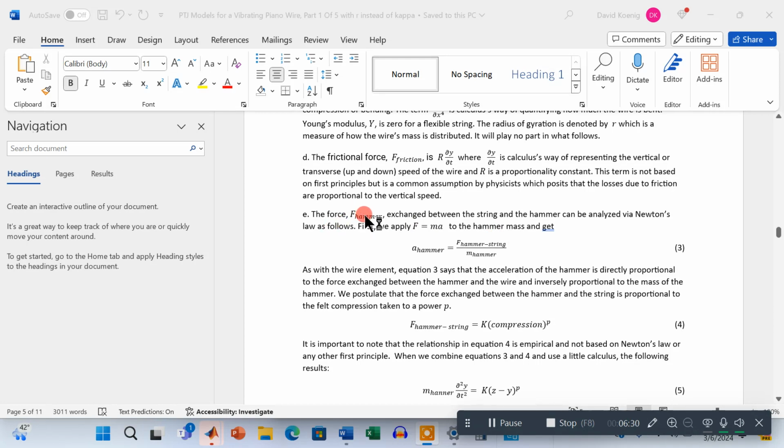Down here, the force exchange between the string and the hammer, F sub hammer, is equal to ma also, where the m is the mass of the hammer, and the a would be the acceleration of the hammer. So the acceleration of the hammer right here is equal to the force exchanged between the hammer and the string divided by the mass of the hammer.